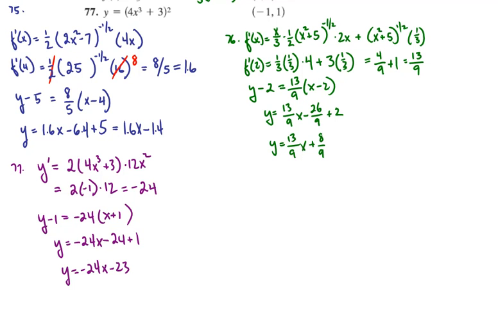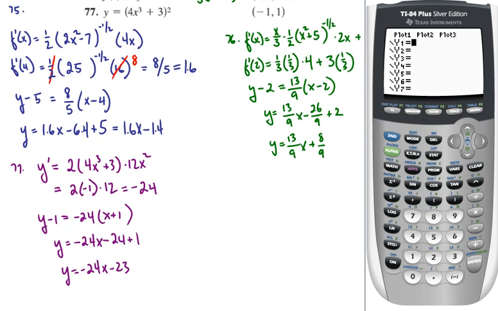And we'll bring up the graphing calculator and take a look at it. And we'll put in our function, which is parentheses 4x to the third power plus 3 quantity squared, and we'll go to graph that.